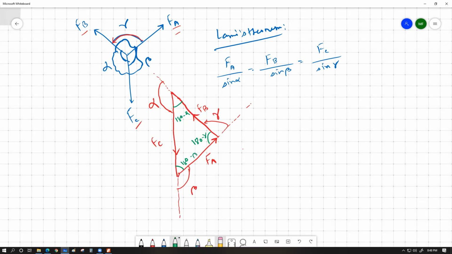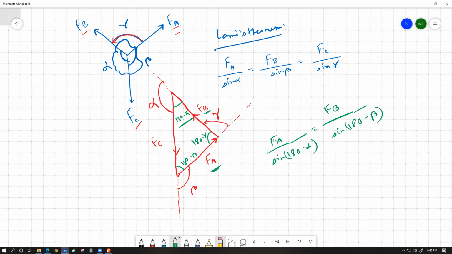Now you can very conveniently apply the sine rule for this triangle. So if I start with FA divided by sine of 180 minus alpha, that should be equal to FB divided by sine of 180 minus beta, which is right over here. This is the FB force.